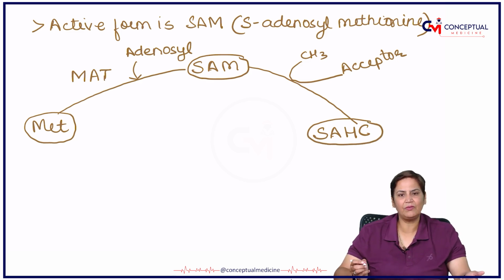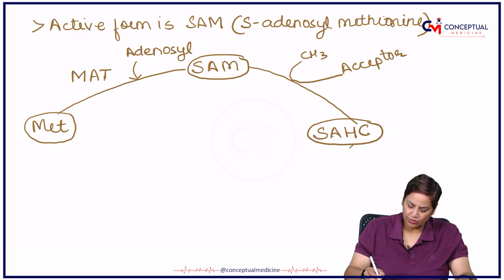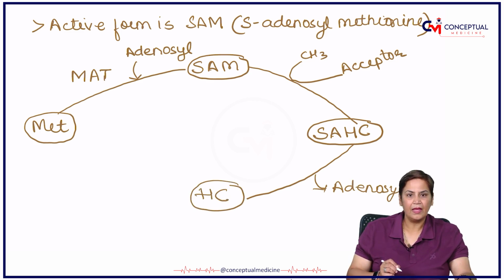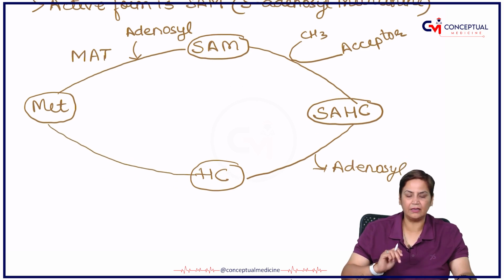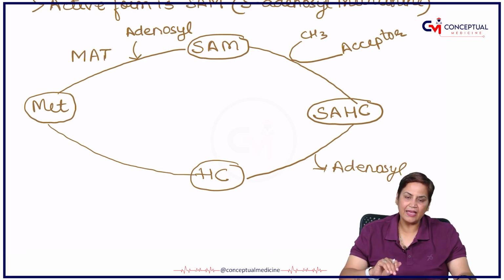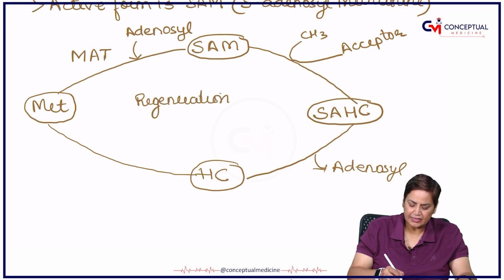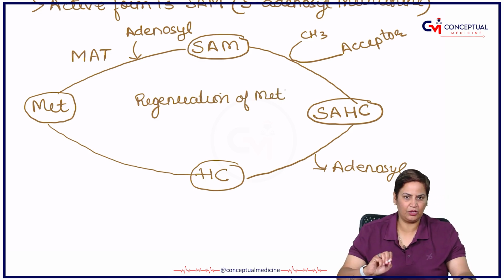Function is over, whatever we wanted we got it. Then S-adenosyl homocysteine will release this adenosyl group and it will be converted into homocysteine. And this homocysteine will be converted into methionine later. So this entire cycle is known as regeneration of methionine, because methionine is simply giving the methyl group and it is converted back to methionine.